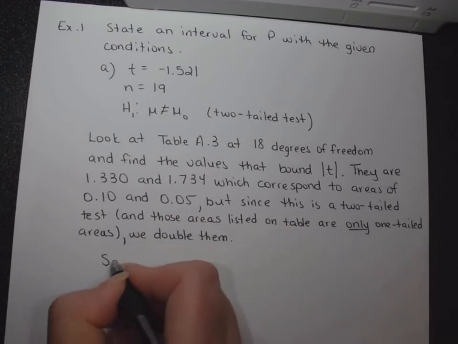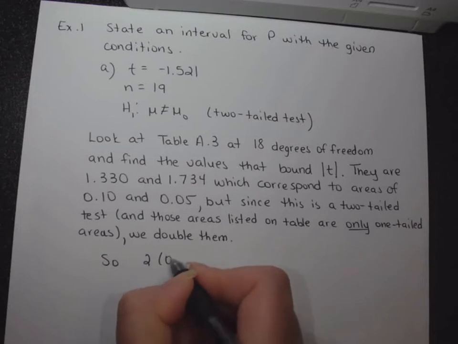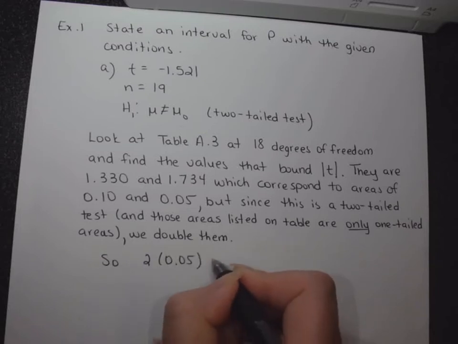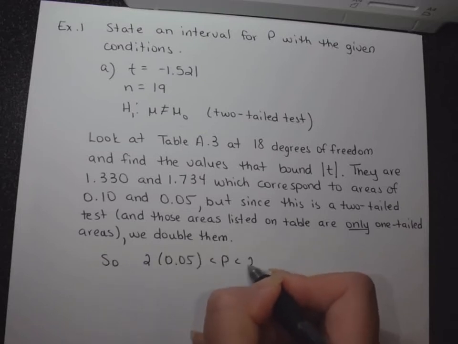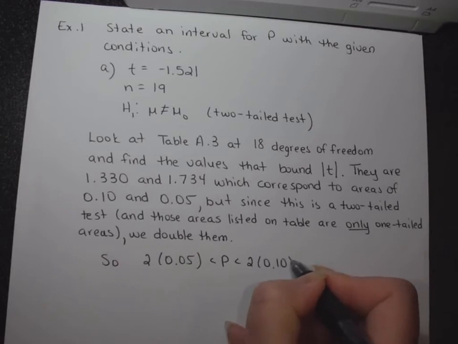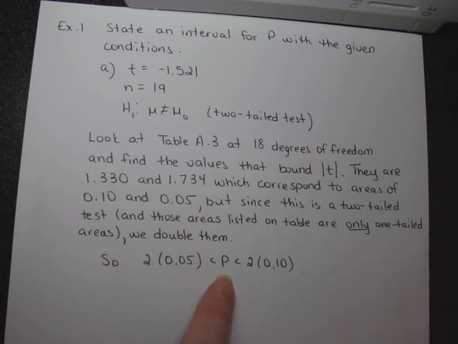So the answer actually is 2 times the 0.05 and then 2 times the 0.10. By the way, when you use this dual inequality format, you need to put the smallest one to the left and the biggest one to the right. So what we end up getting is that the area is something between 0.10 and 0.20.